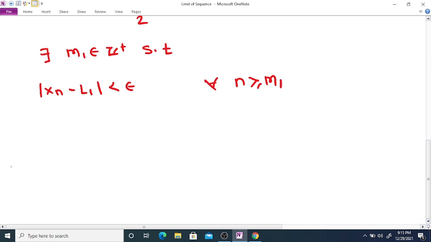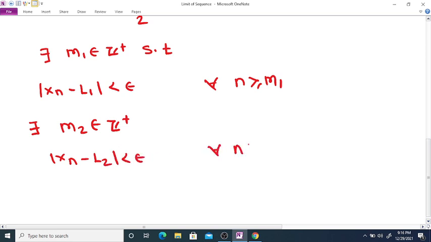This is our definition of limit. Similarly, there exists a positive integer m2 such that mod of x_n minus L2 is less than epsilon for every n greater than or equal to m2, by using the definition of limit.